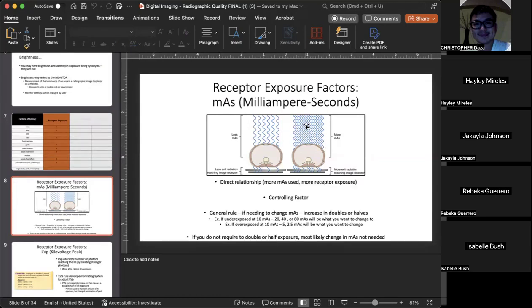When there are more X-rays at the X-ray tube, and we're keeping everything constant, the body part the same, from when we use, say, 10 mAs to 40 mAs, you will see an increase in the amount of X-rays that reach the detector. Okay. So there's a direct relationship. If mAs increases, so does receptor exposure.